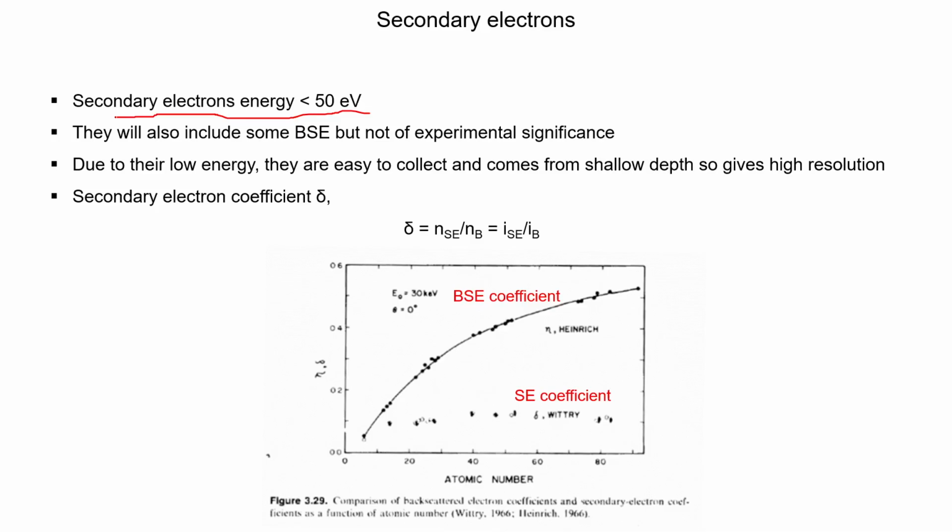So the backscattered electrons will have a certain contribution to the secondary electron images, but not an experimental significance in the image. So these secondary electrons, as we all know, have a very low energy.